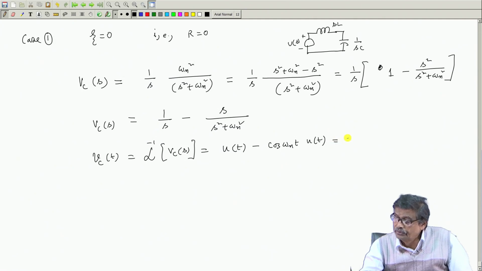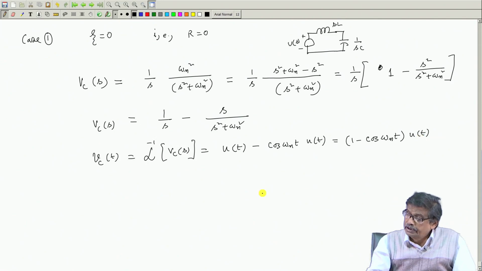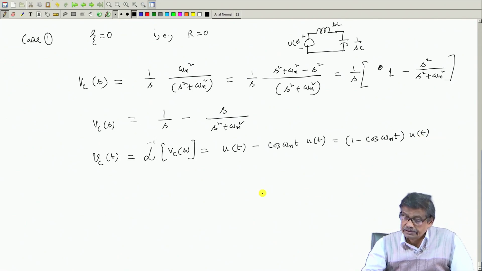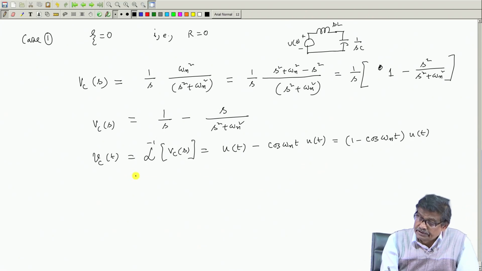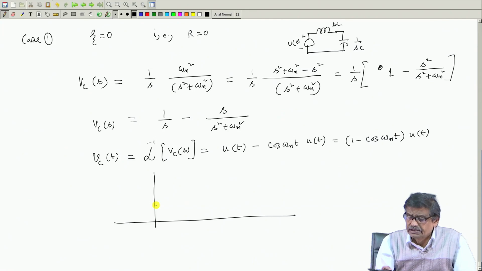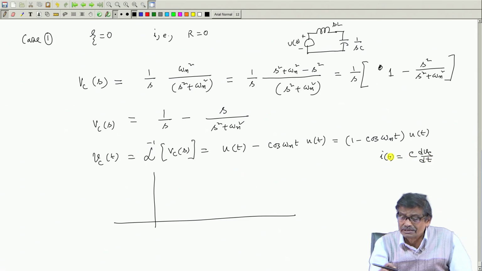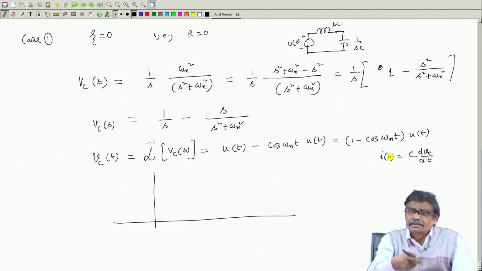So, this is equal to 1 minus cosine omega n t into ut. Therefore, the voltage across the capacitor will vary like this, and if you sketch this capacitor voltage, and after you have got VCT, IT can simply be calculated and sketched too, this will be C dVc dt. One need not once again go to IAS and take the inverse IT, it is so simple.